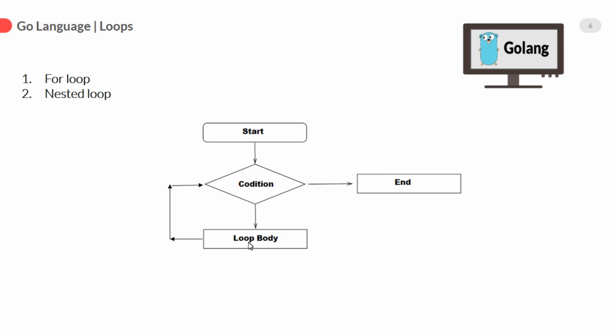The loop body consists of a set of statements or a single statement. You can print a message or put any other statements in the loop body. Then repeat this process and check the condition. If the condition is false, then it is the end of the loop. If the condition is true, then again execute the loop body.